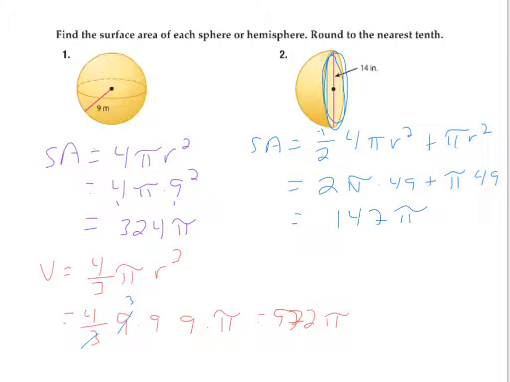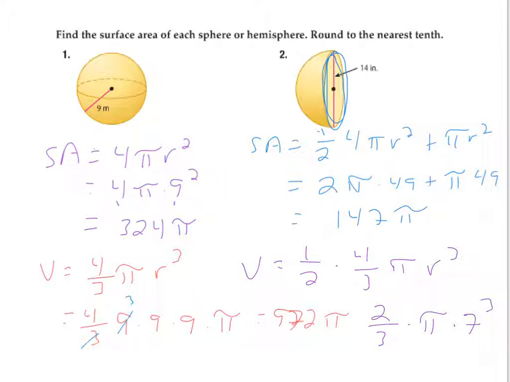The volume is going to be much simpler. The volume here is equal to 1/2, that is half of a sphere, 1/2 times the volume of a sphere, 4/3 pi r cubed. So it's 1/2 times 4/3, which is 2/3, times pi times my radius cubed, which is 7 cubed.